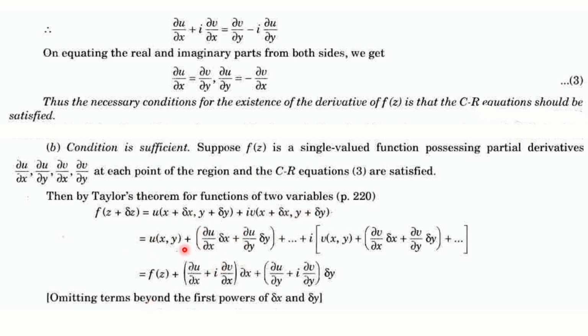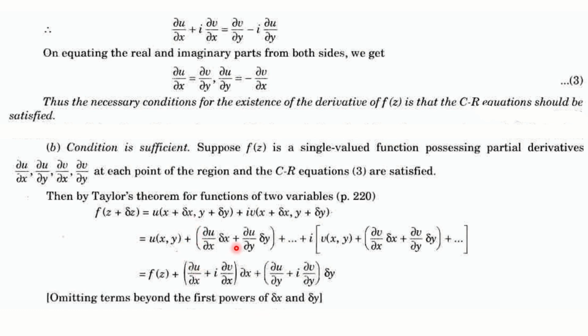So after expanding, I'm omitting the powers beyond first powers of delta x and delta y. The reason is that as delta z tends to zero, the higher powers would be very small numbers, so that does not have much significance.